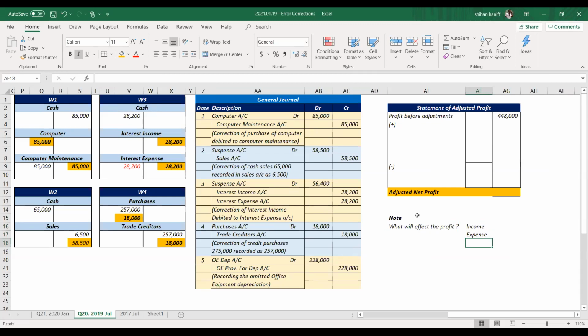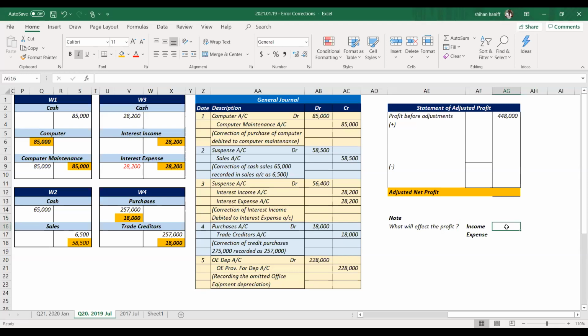So only income and expense accounts will affect the profit, not anything else. So if the income increases, then the profit will increase. Or if the expenses decrease, then the profit will increase.